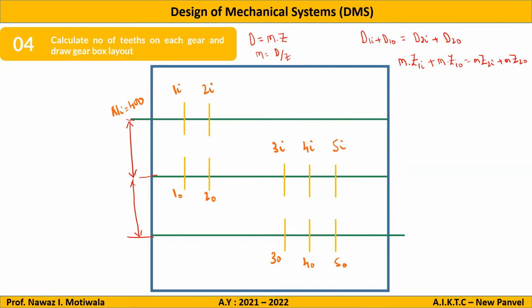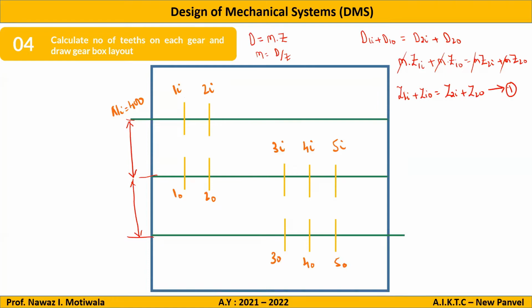So what I have done is I am converting the diameter into number of teeth. Now if you can see in this entire expression, m is constant, so m and m will get cancelled from here, and what I will remain with is z1i plus z1o is equal to z2i plus z2o. Let this be equation number 1.